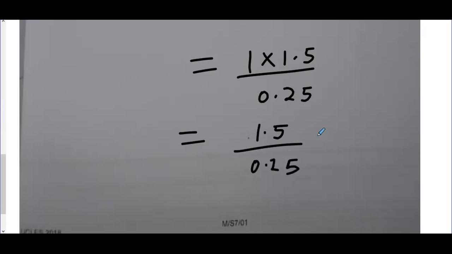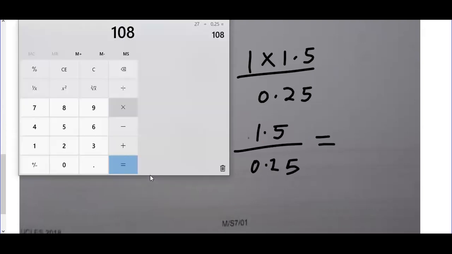Okay, you can help me calculate that 1.5 divided by 0.25 using your calculator, but let me try to use this standard calculator. This is 1.5 divided by 0.25. Okay, so I'm getting 108. Oh, let me try to clear that.